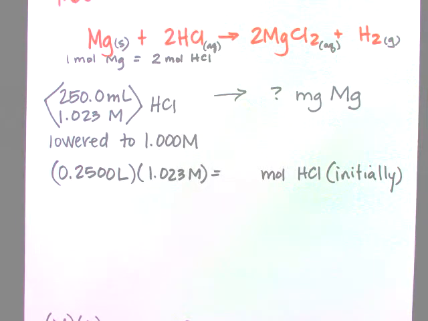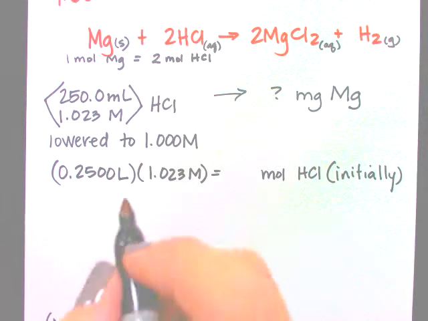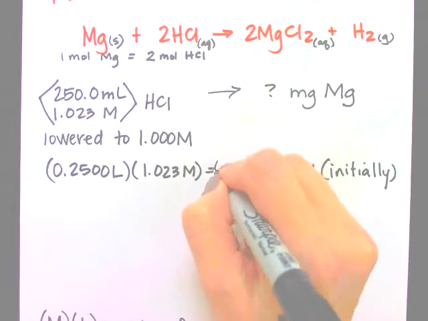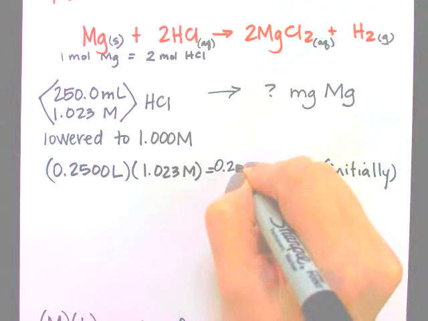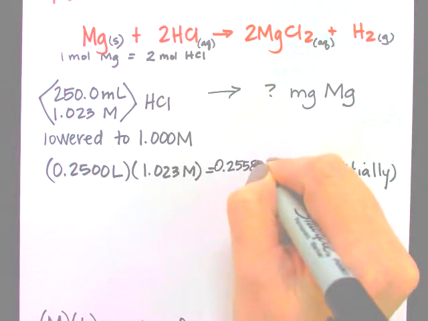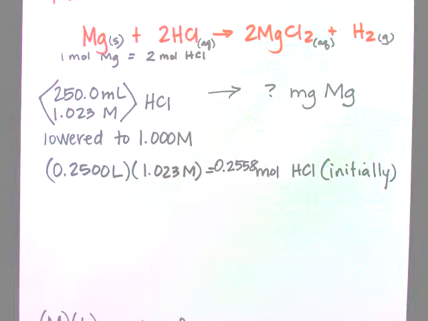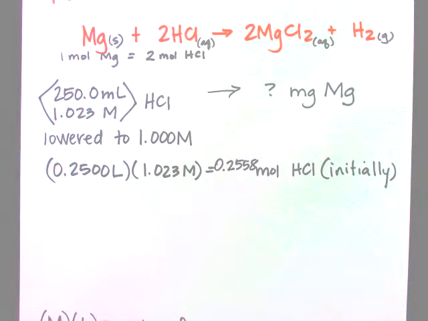Alright, so we multiply that and we get 0.2558. Let me just double check that. I haven't worked through this one yet. Okay, so 0.25575. Okay, so I've rounded that to an 8.